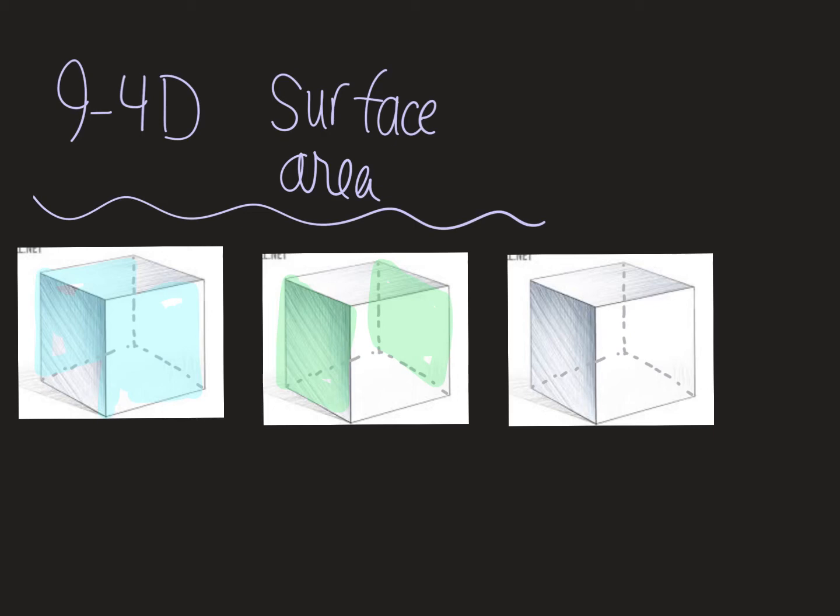You had a top, and that matched the bottom. So, if we find blue, we can double it because there's a front and a back. If we find green, we can double it. There's a left and a right. If we find pink, we can double it. There's a top and a bottom.